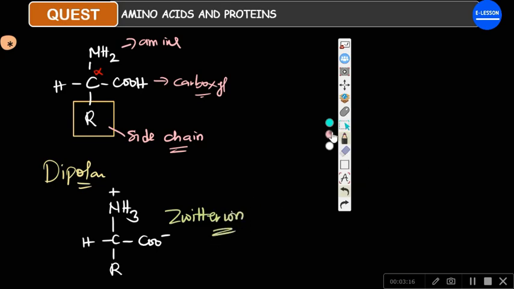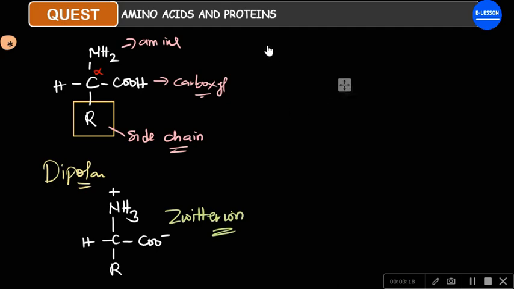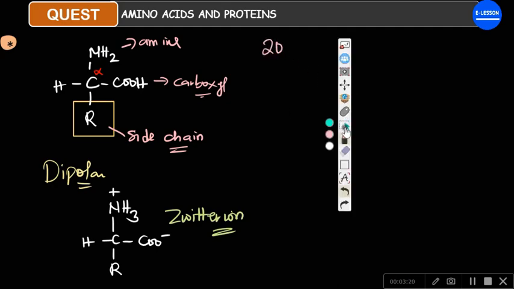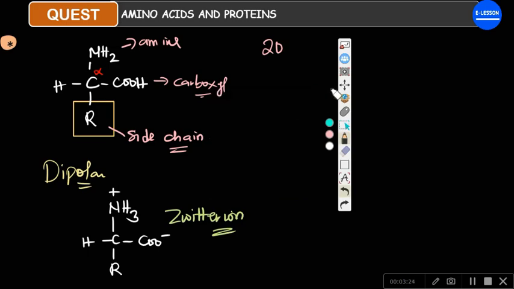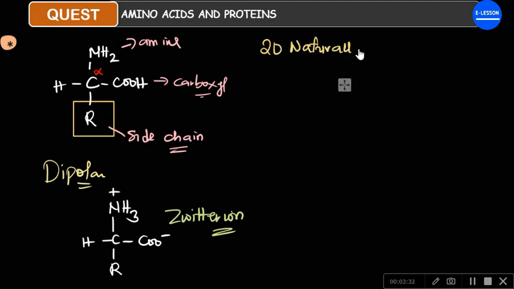Now generally, there are about 20 naturally occurring amino acids. Of course, there are others, but there are about 20 naturally occurring amino acids. Now, these 20 naturally occurring amino acids group themselves together to form the proteins that we have in living systems. Are you getting it now?